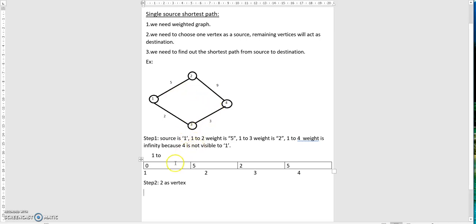2 is already connected to 1. Now I need to calculate from 2: 2 to 1, which gives 1 to 1.